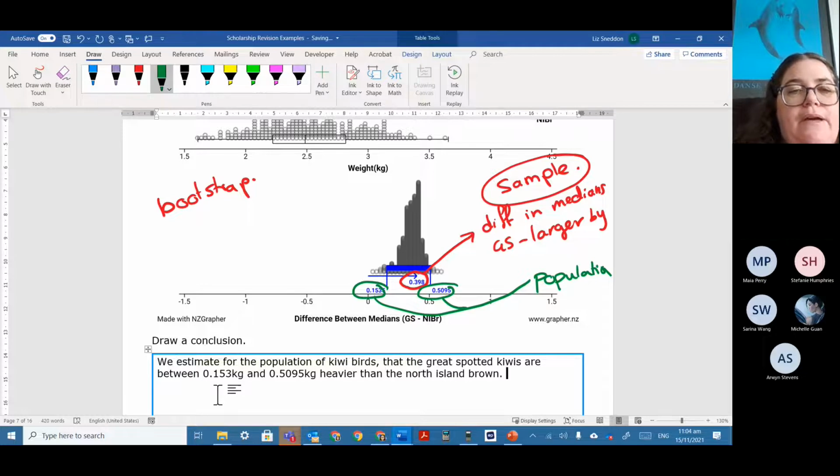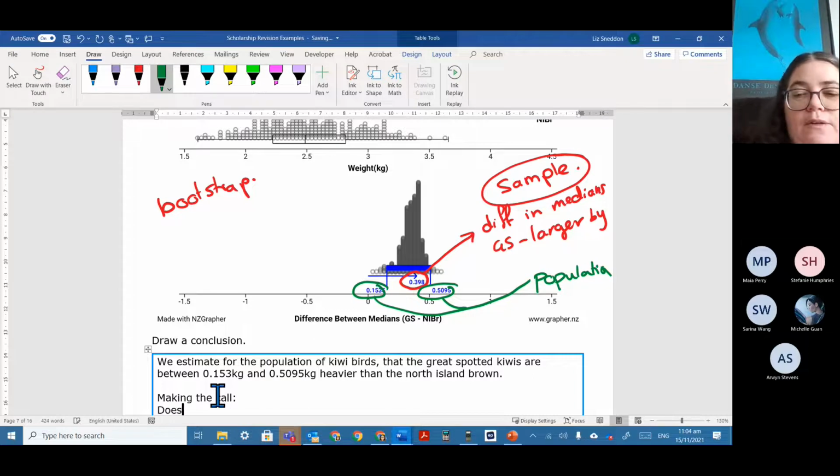And now I need to decide, can I make the call? So do you remember what we look for in that confidence interval to decide if we can make the call? Overlap. Yep, and overlapping explicitly with 0.